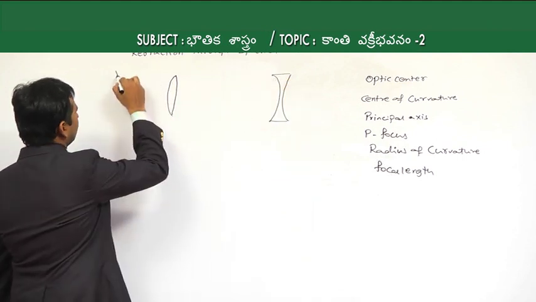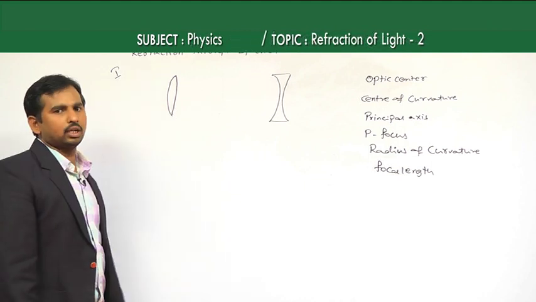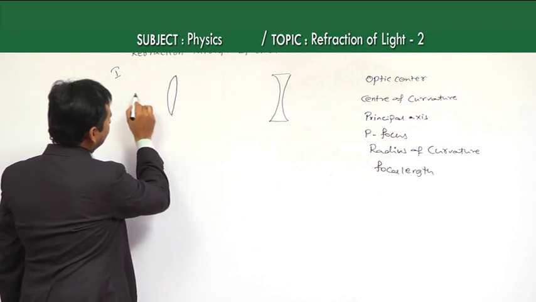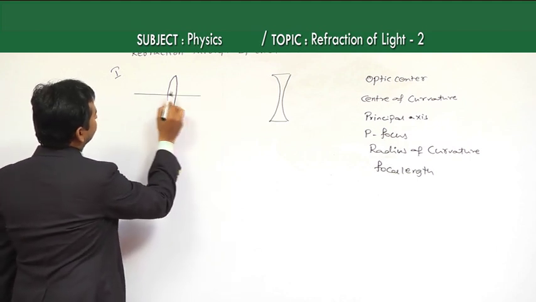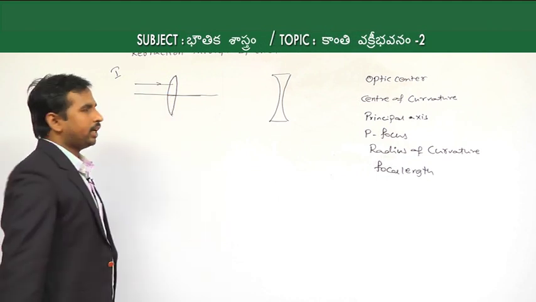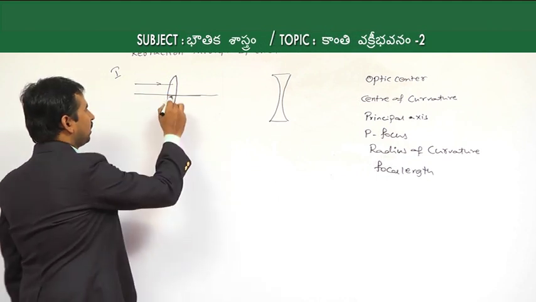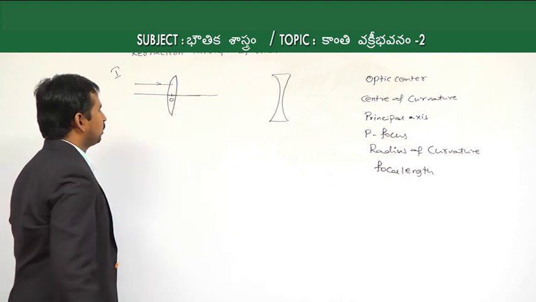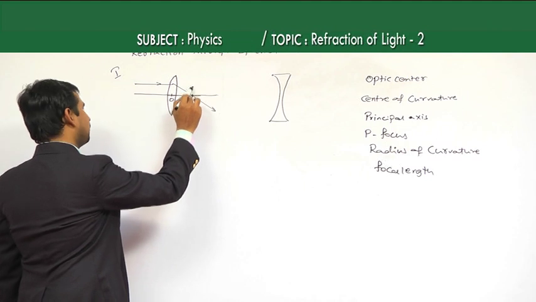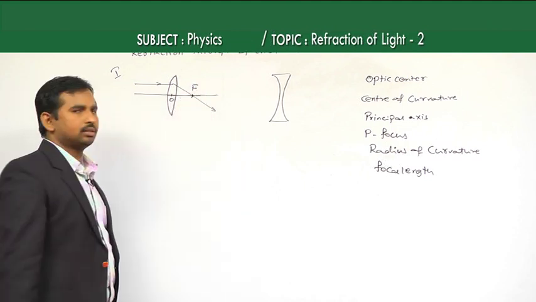In the first case, we see how the light ray behaves if it passes parallel to the principal axis, like this. After refraction, the light ray passes through the principal focus, like this.